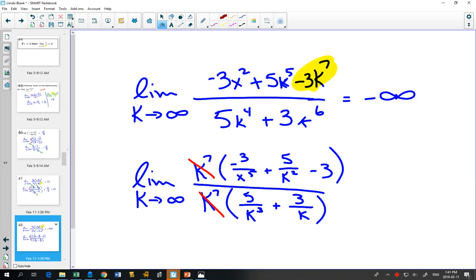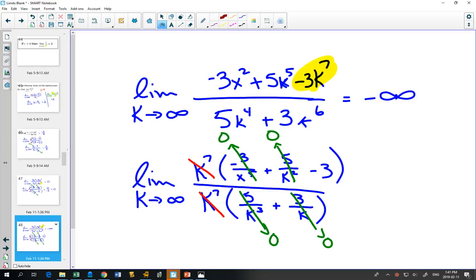These will simplify away. This will go to 0. This will go to 0. This will go to 0. And this will go to 0.